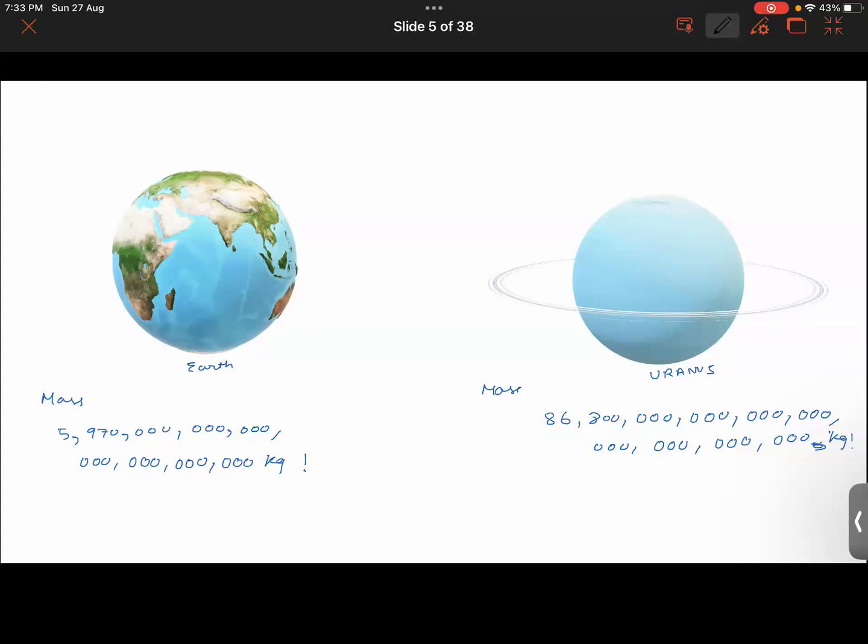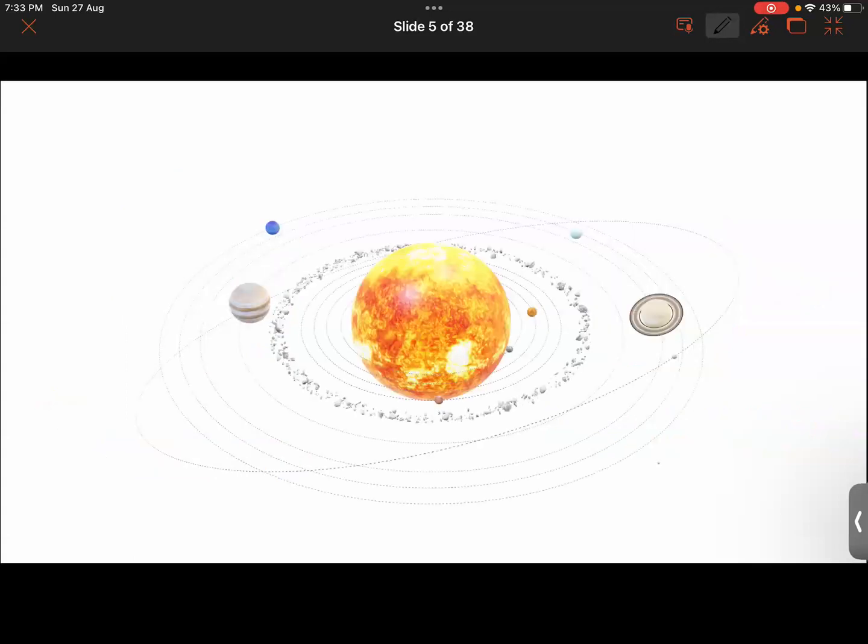In order to do that, we have to calculate the number of zeros. Now, for example, take the distance of Saturn and Uranus from the Sun.